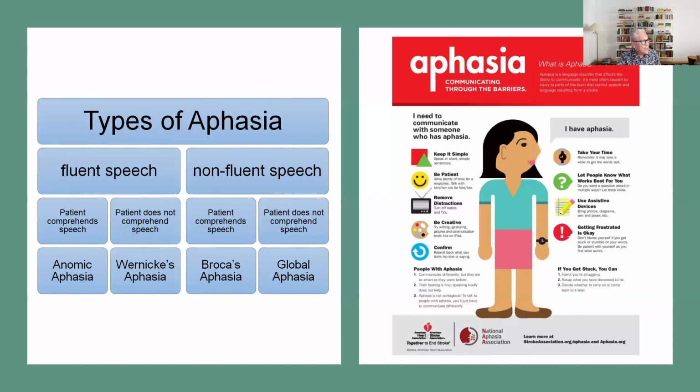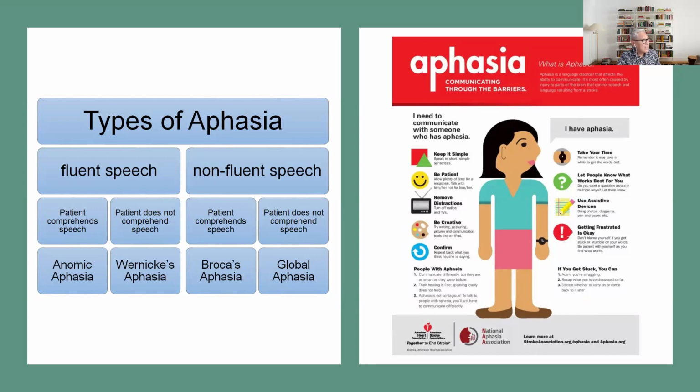The most common types of aphasia are Broca's, or non-fluent aphasia. Broca's aphasia is referred to as an expressive aphasia, so the patient understands what you are telling them, but they cannot respond.